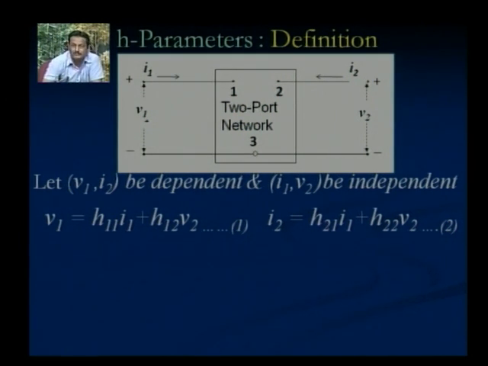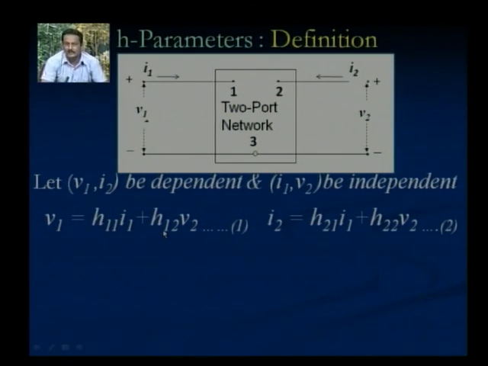For example, the input voltage Vi or V1, as you can see in the two-port network, can be represented as a combination of the two independent variables I1 and V2. So V1 can be written as some constant multiplied by I1, the independent variable, plus some constant multiplied by the other independent variable V2. If we label these two constants, we call the first H11 and the other H12.